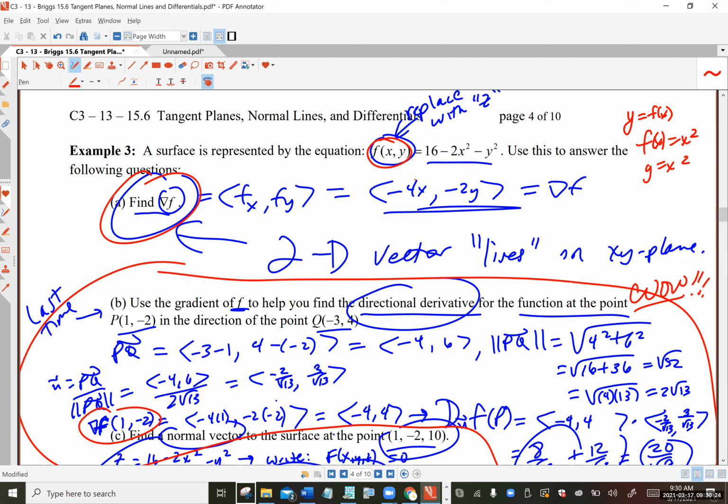True. So what's also true, now that you're here in Calc 3, welcome: anytime you're given little f of x, y, you're allowed to replace it with z.